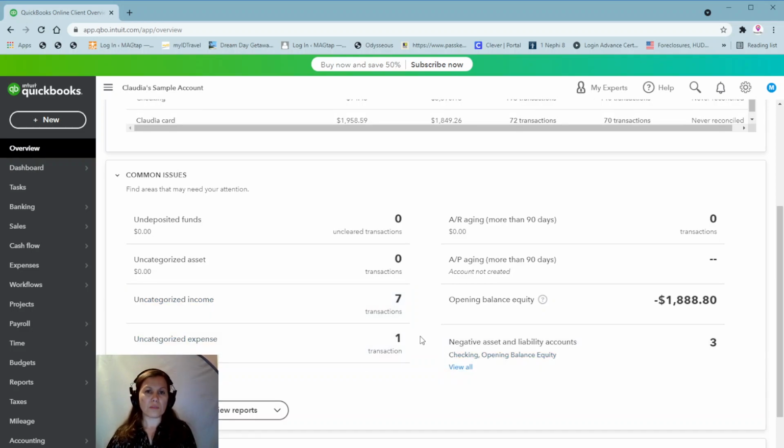The reason is that with income, you always want to match to a deposit. That's the right workflow. You enter the invoice, you enter the payment, send it to undeposited funds, record the deposit, and match it in bank. So it's always going to be matched. That's what we want, right?